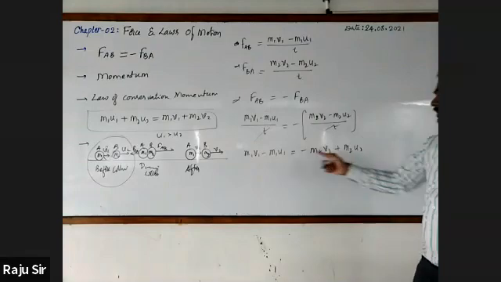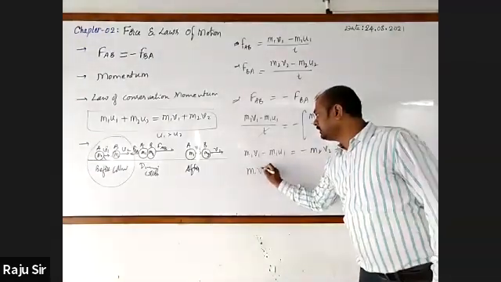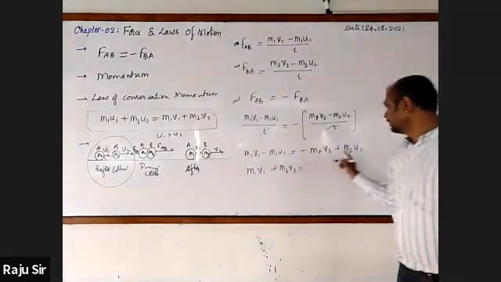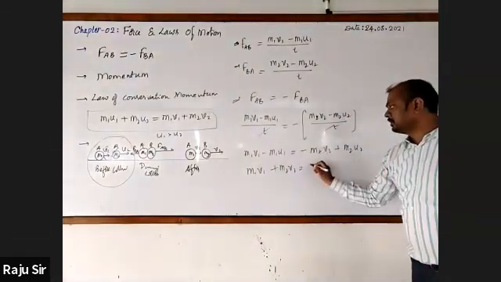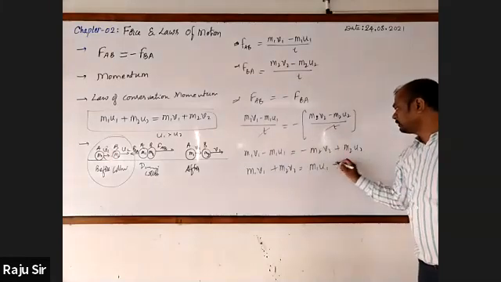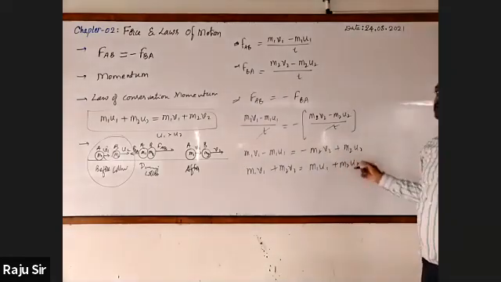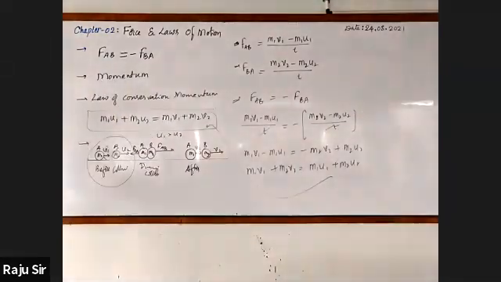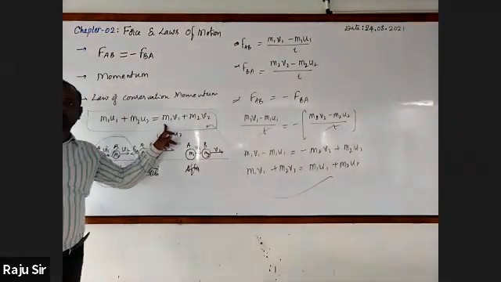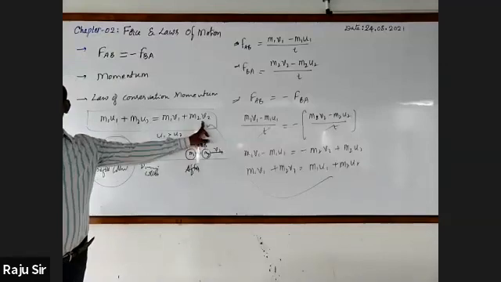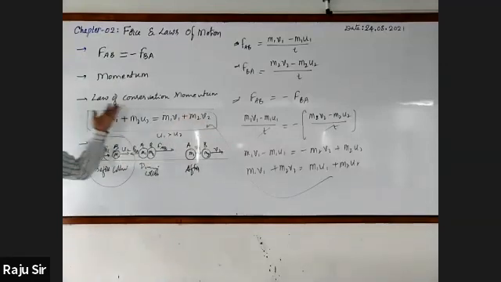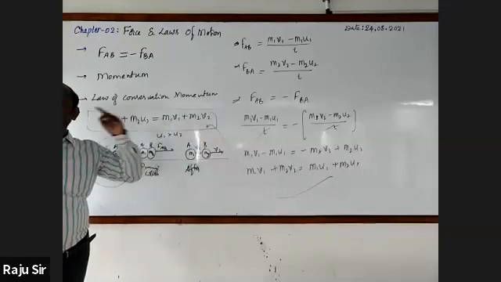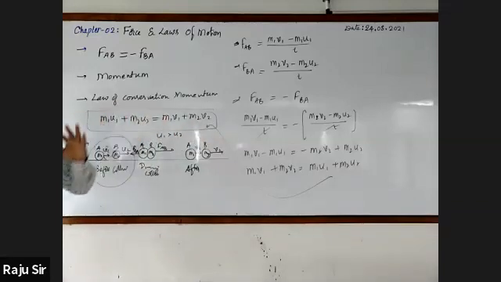Then on shuffling, transfer this m1v1 here, plus m2v2. Next, transfer this m1u1 plus m2u2. This can be rewritten as m1u1 plus m2u2 equal to m1v1 plus m2v2. So this is the law of conservation of momentum.